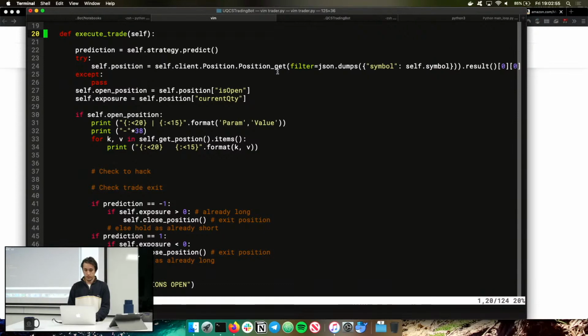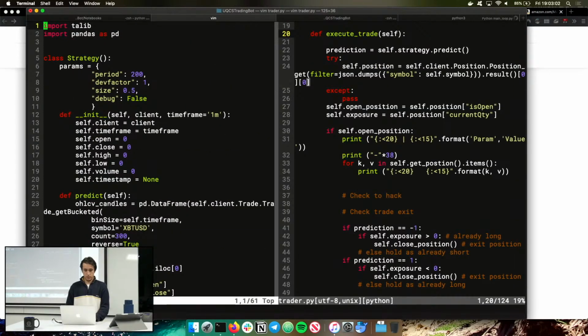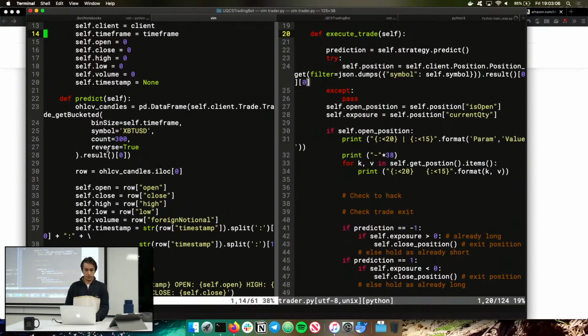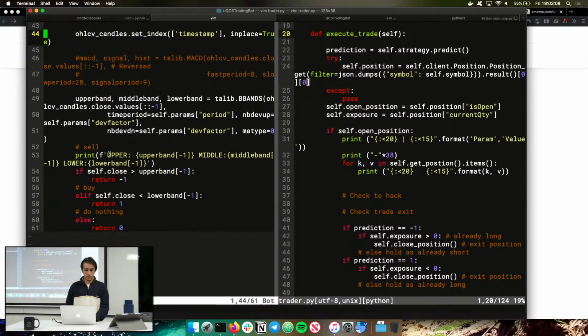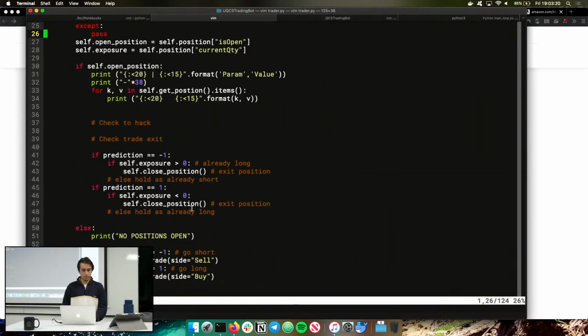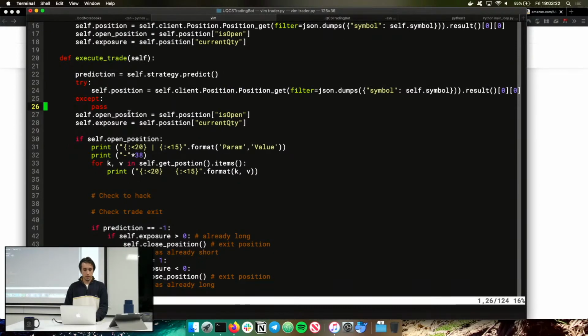If we quickly have a look in strategy.py, for the predictions, the sell signal is -1, a buy signal is +1, do nothing is 0. So we use that to inform here. So we get the prediction, which is -1, 0, +1.